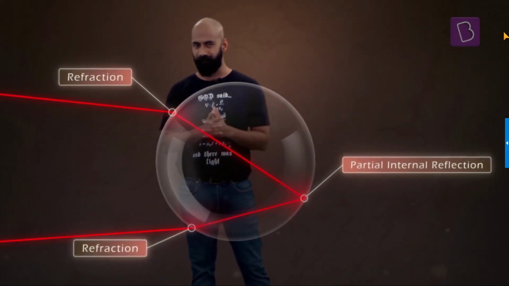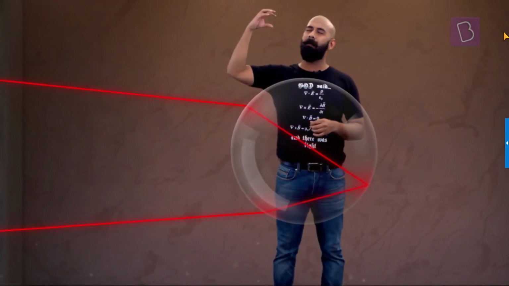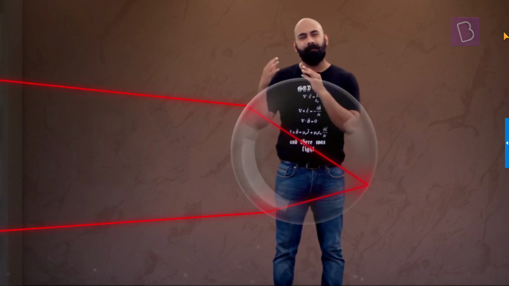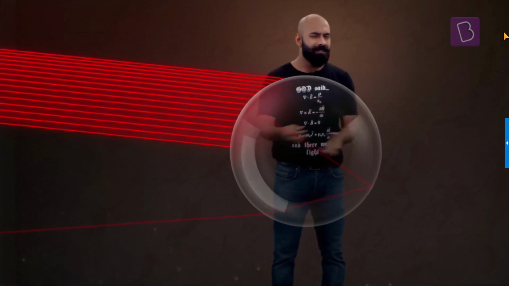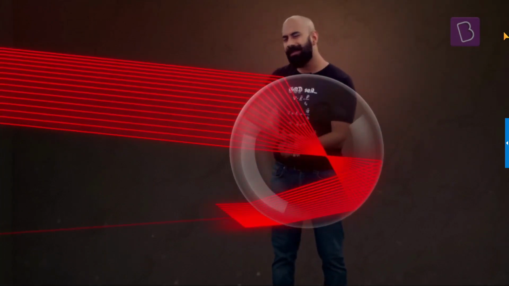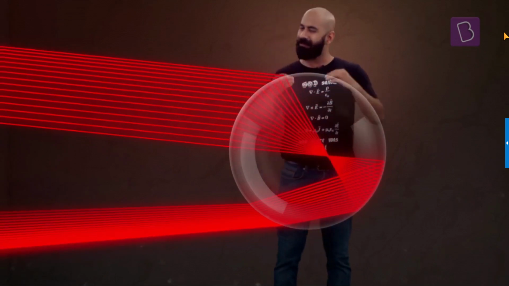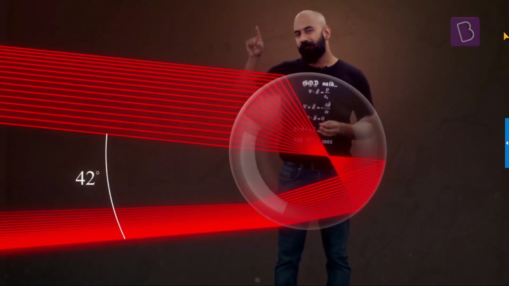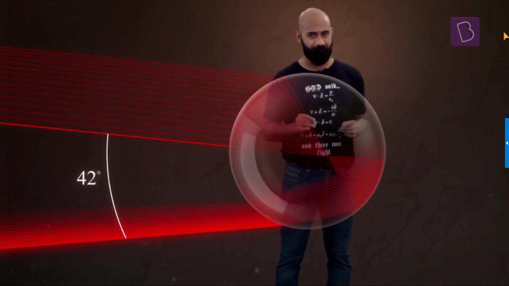Okay? Now, the interesting thing is, if I had a bunch of, let's say, parallel red rays, all incident at the same angle over here, there will be multiple refracted rays and multiple emergent rays that come out in the side. But it's interesting to note that at an angle of 42 degrees, the intensity of these rays will be maximum.